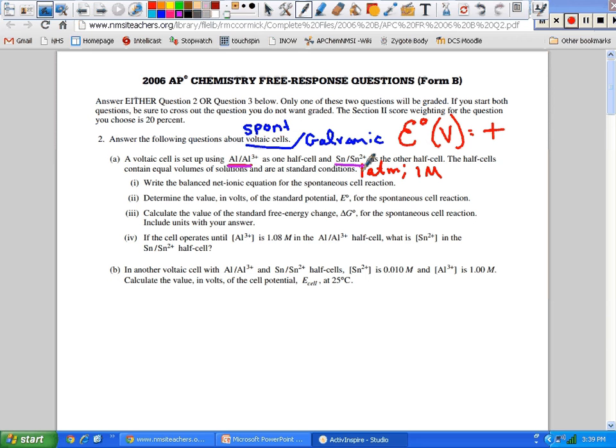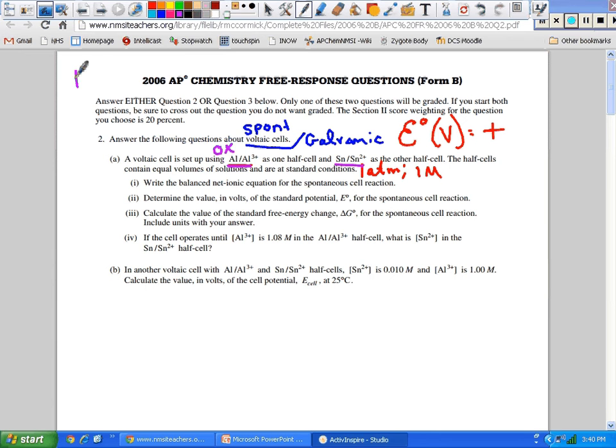Let me get this out so I can look at it. All right. Now, here's the crazy part. They give you reduction potentials. So these are being, we said these are being what? Oxidized. So we need to figure out, now, one of them is going to be reduced. Which one will be reduced according to the reduction potentials on the chart? Very good.